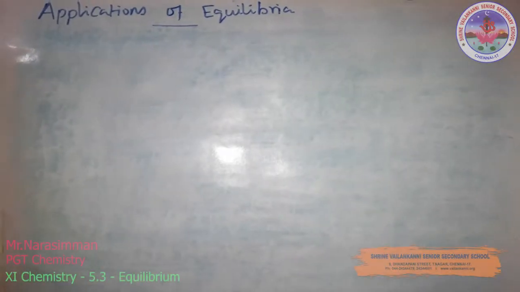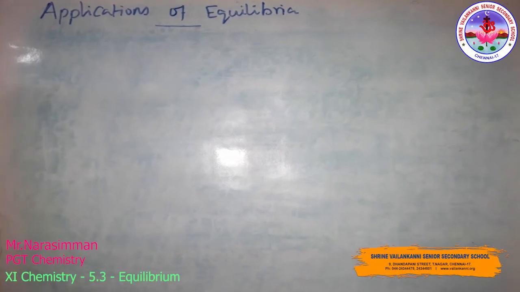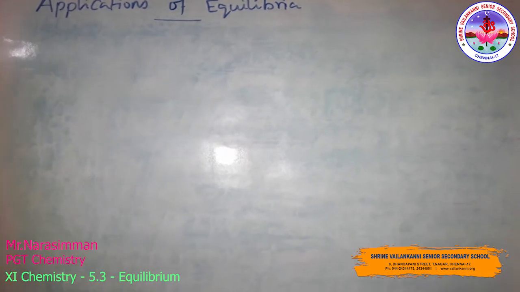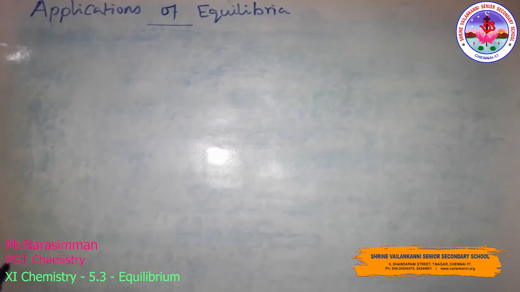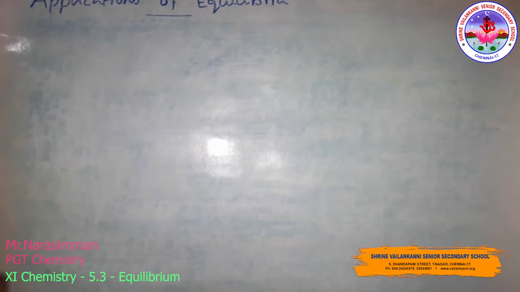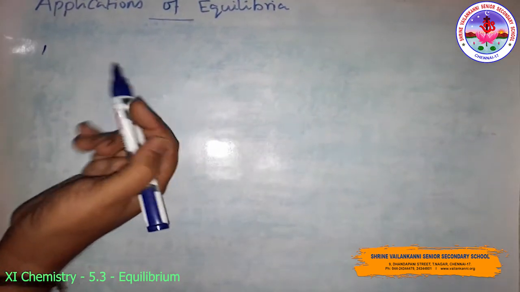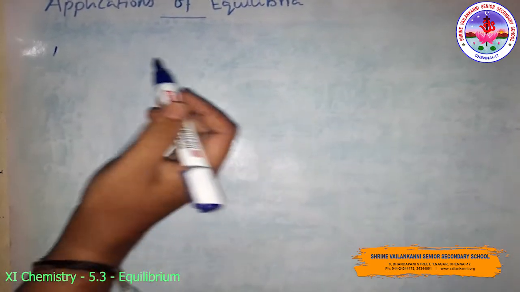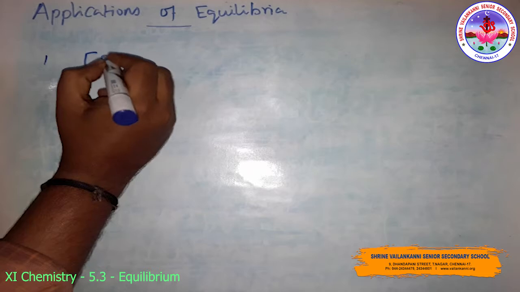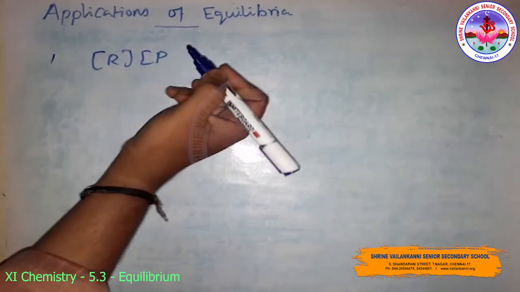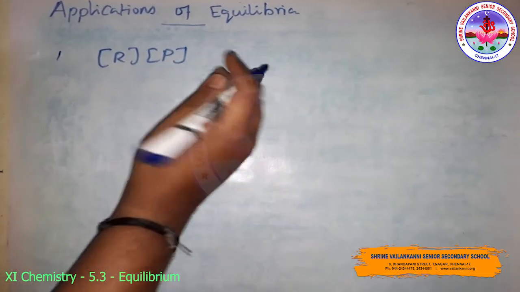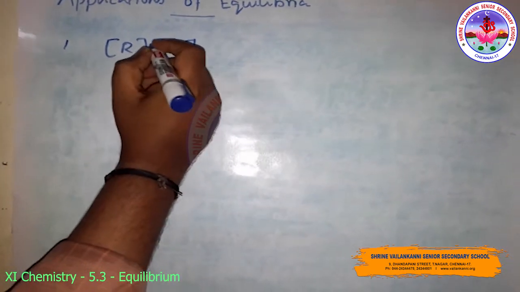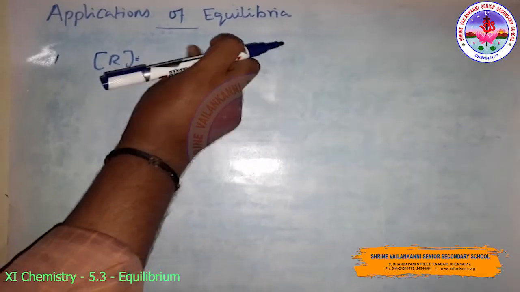Before considering the applications of the equilibrium constant, let us summarize its important features. The first one: the expression for the equilibrium constant is applicable only when the concentrations of the reactants and the products have attained constant values at the equilibrium state.